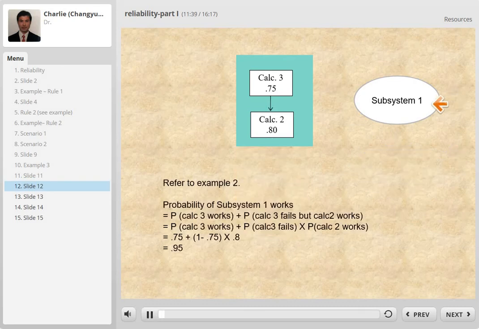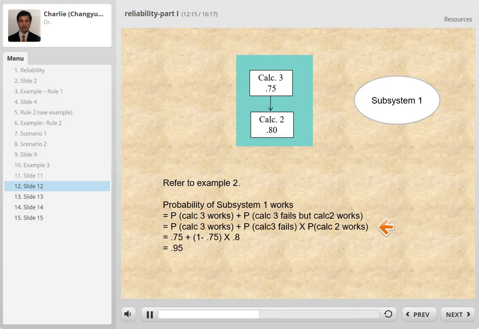Now let's look at subsystem 1 first. Subsystem 1 represents Calc 3 and Calc 2. If any of these 2 works, subsystem 1 works. What we do is we refer to example 2. The probability of subsystem 1 working equals the probability of Calc 3 works plus the probability of Calc 3 fails but Calc 2 works.